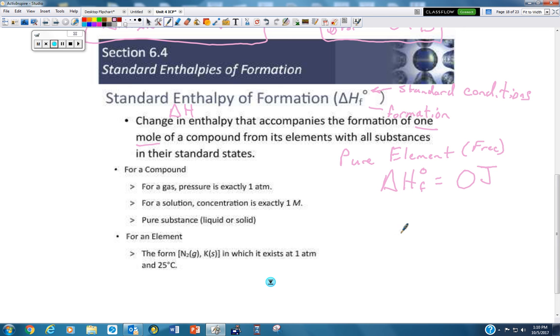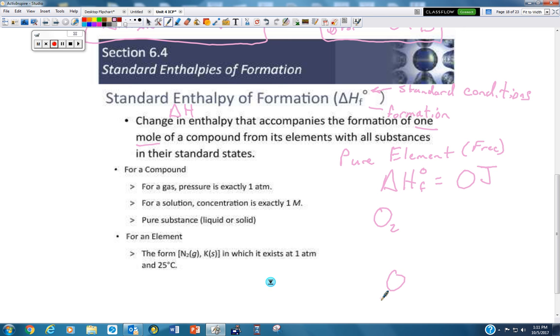So what about oxygen? How would we write oxygen with a 0 heat of formation? How is oxygen found in nature? O2. So if you see O2, that's a 0 heat of formation. If you look on the table at just oxygen, page 862, yes, 2 and 3.